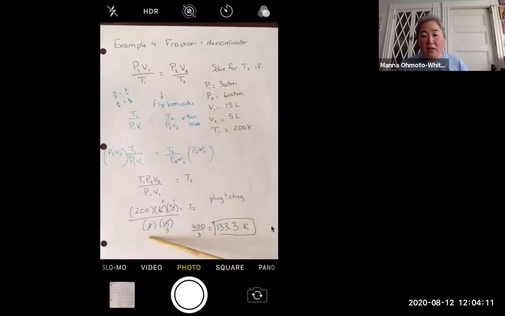I can then reduce, and I get 5 divided by 15 is equal to 1/3, 6/3 is equal to 2/1, and then I get 400 thirds, or 133.3 K.